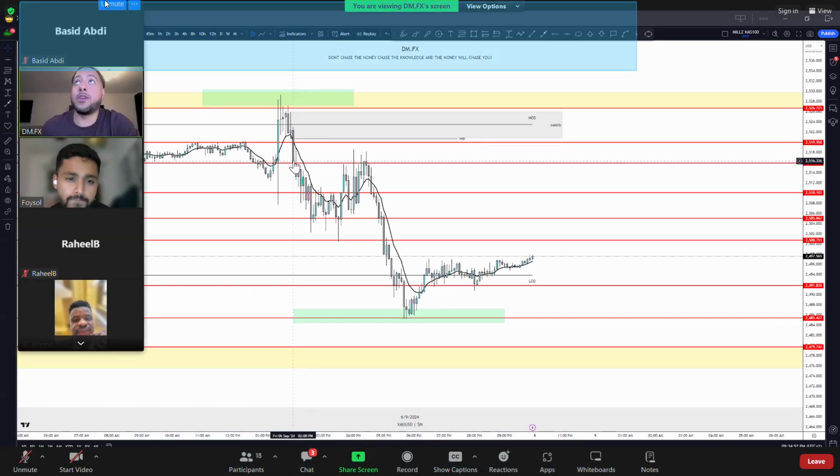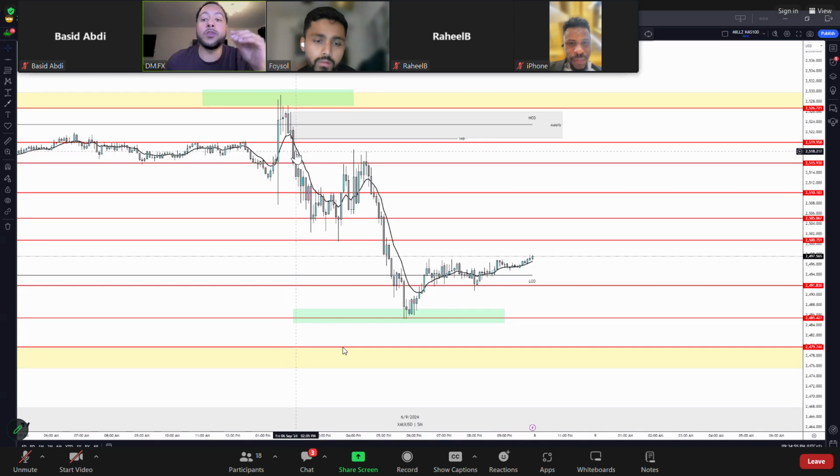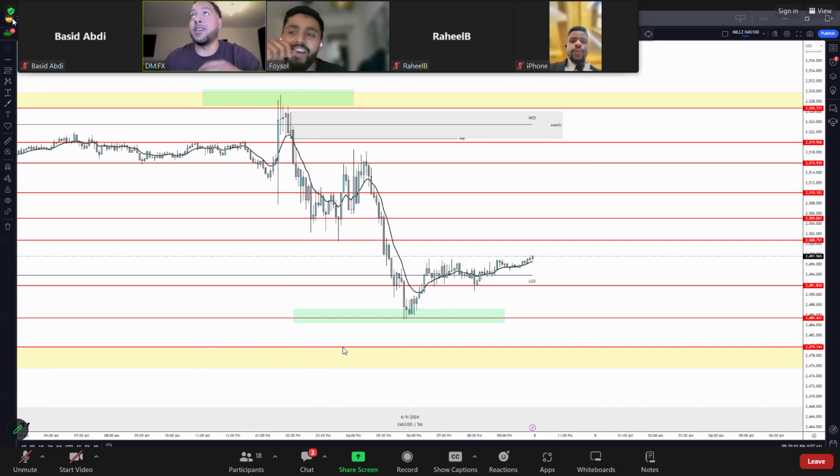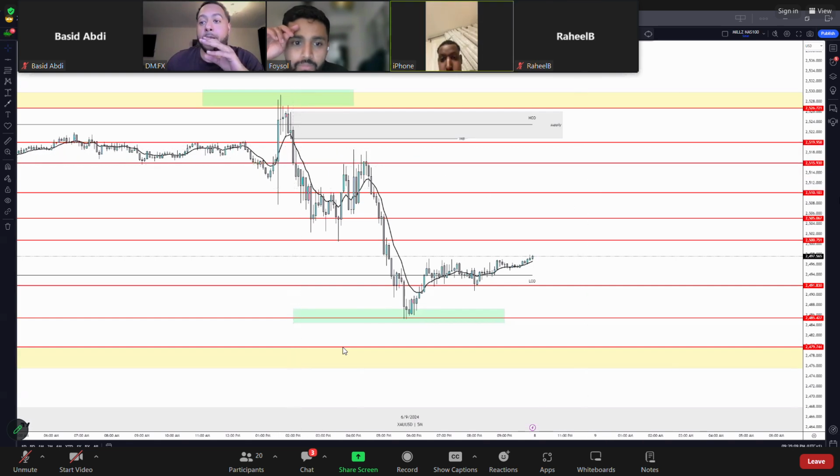Where does price fill? The consequential encroachment of the imbalance. Sorry, one second, Mason. The consequential encroachment of the imbalance is 50% filled. Look how it fills it perfectly. It fills 50% of the imbalance.